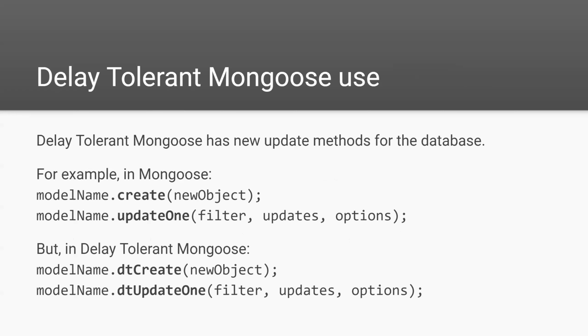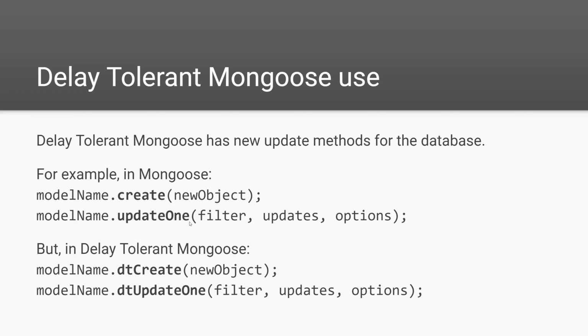So using the delay-tolerant Mongoose is pretty simple. Once you install it in your project, let's say that you were using Mongoose for creating a new object on your database, you will have to use the method create, or if you want to update one object in your database, you will have the updateOne method, for example.